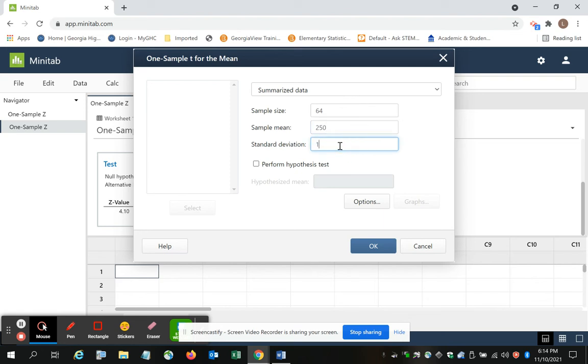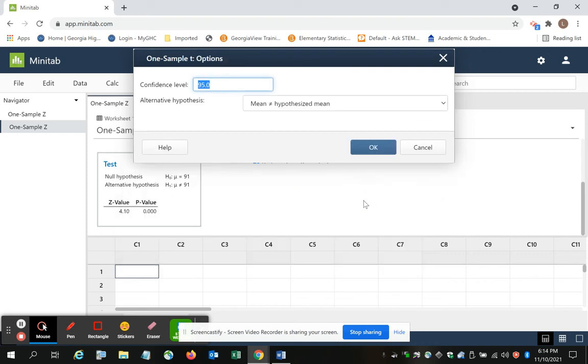The standard deviation was 12. We are performing a hypothesis test. The hypothesized mean is 245. We're using a 0.01 significance level, which means our confidence level is 99, and we need to choose the appropriate alternative hypothesis, and we are doing not equal in this problem.